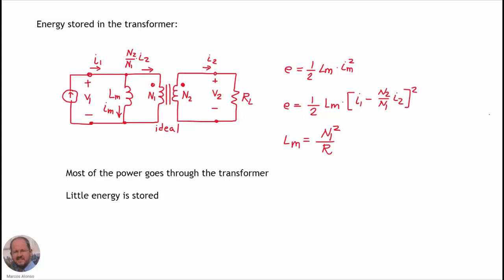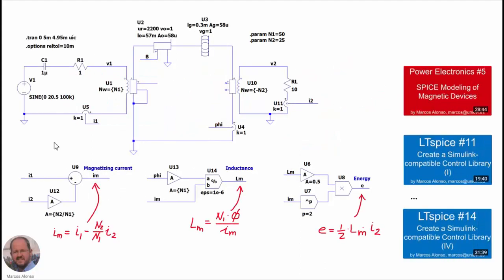So this is why we say that the transformer does not store energy. It transfers energy from the primary to the secondary and stores very little energy. The higher the value of the magnetizing inductance, the more ideal the transformer is, and the lower the energy stored in the transformer. So let's do now a simulation to check everything.